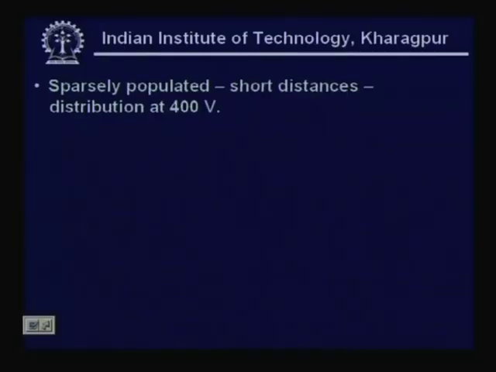All our appliances are operating at 400 volts, but is the distribution done at 400 volts? That depends on some factors which we will address. As seen, a sparsely populated short distance distribution is at 400 volts. Why? Again the reason is same. If the length is longer, the resistance is going to be higher, the losses are going to be higher.